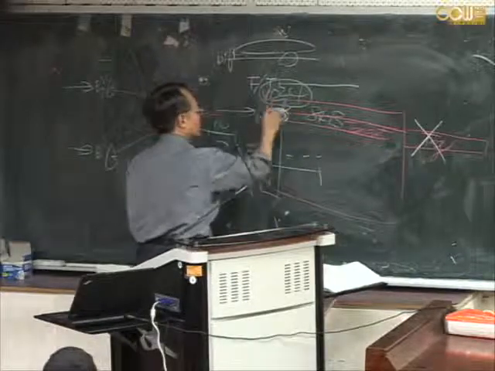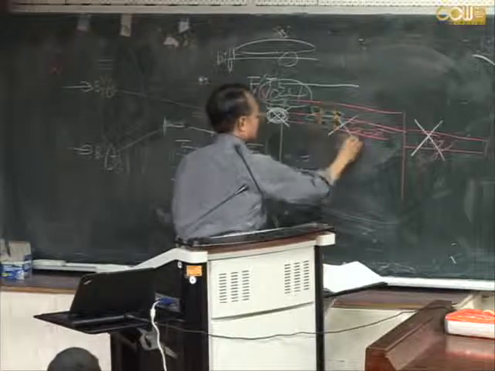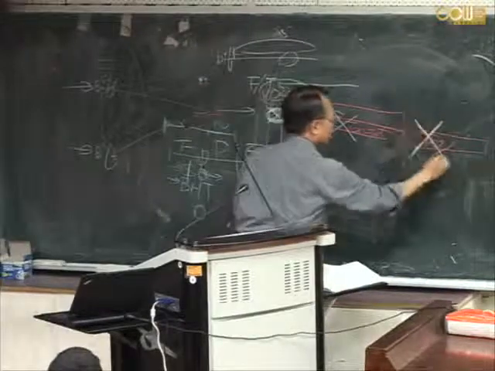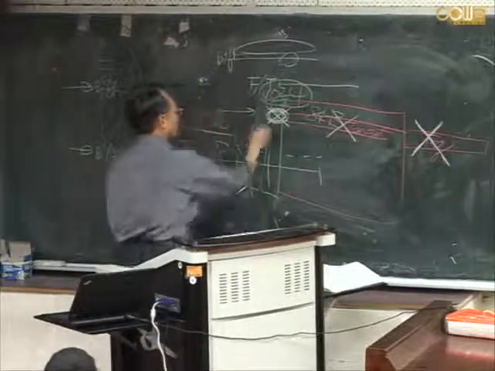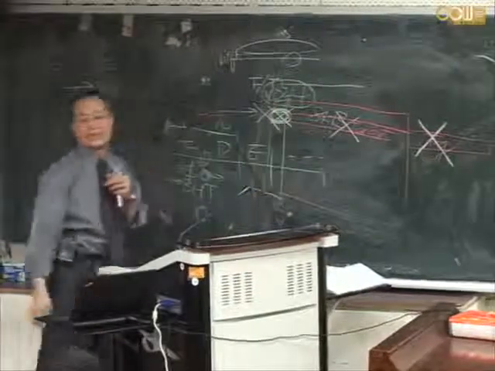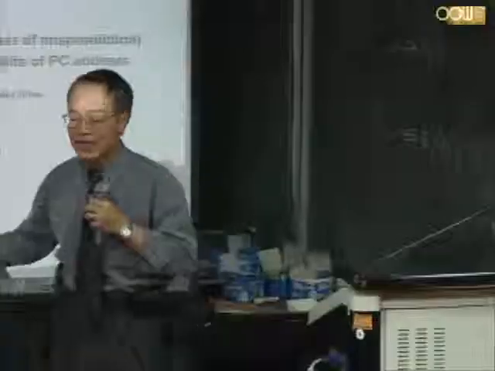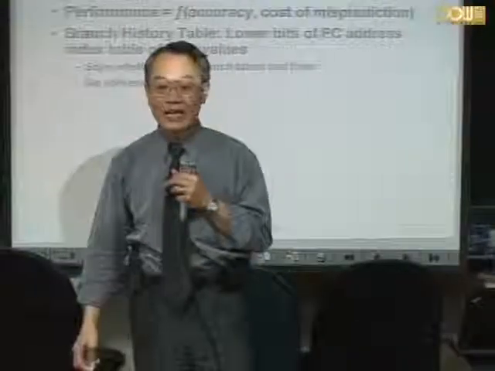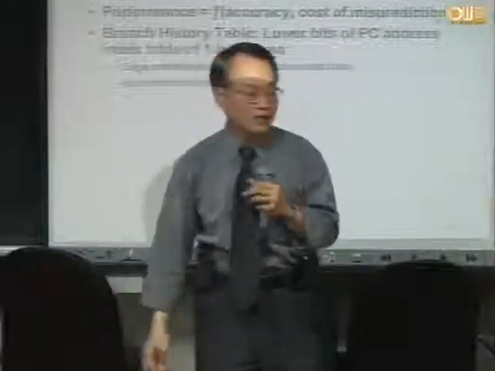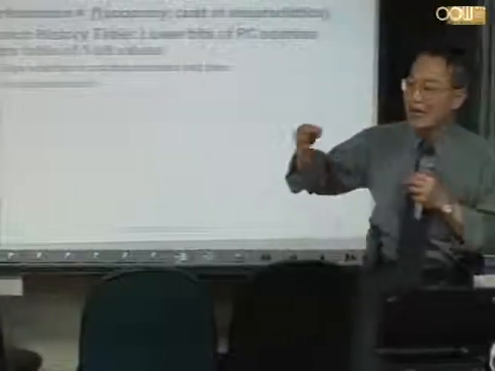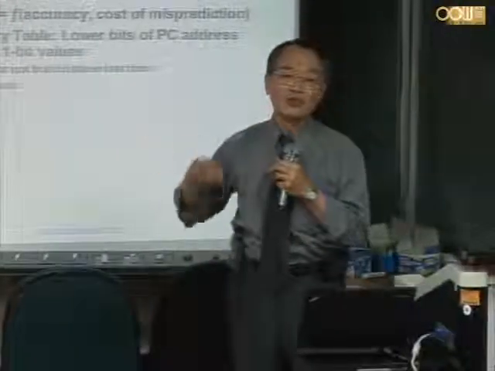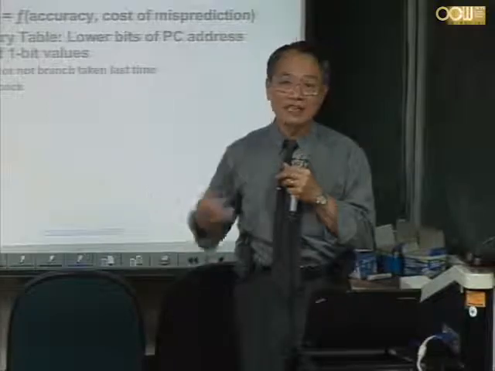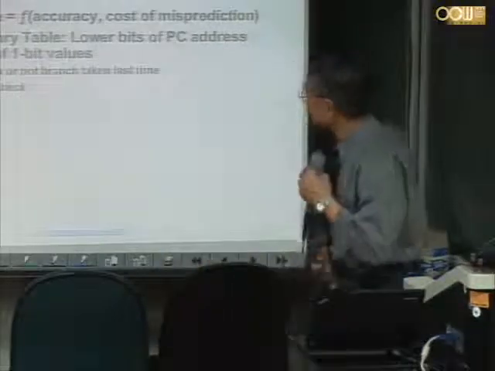This could be wrong. This could mismatch. Or it could be invalid. In other words, this is the first time I see this branch. Okay? No problem, it's just prediction. I must have some recovery mechanism to make things up if anything goes wrong. Okay?